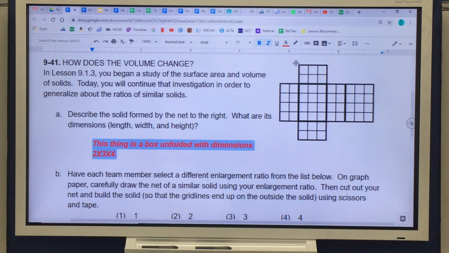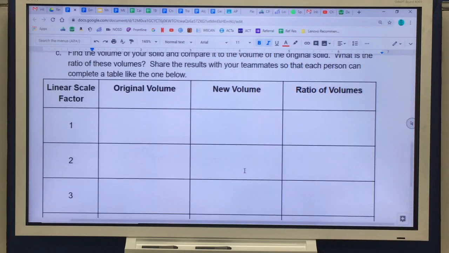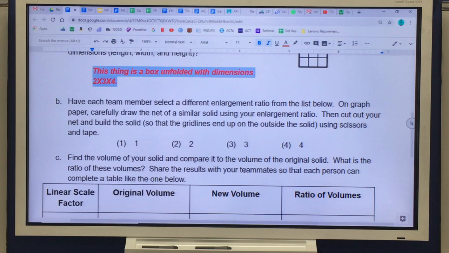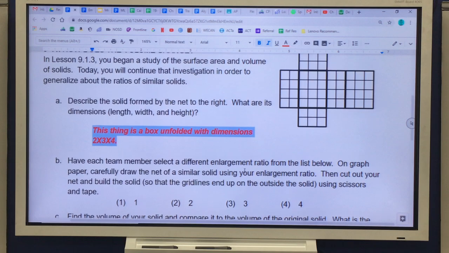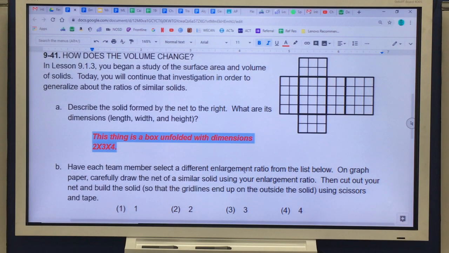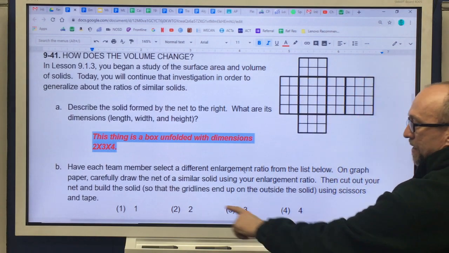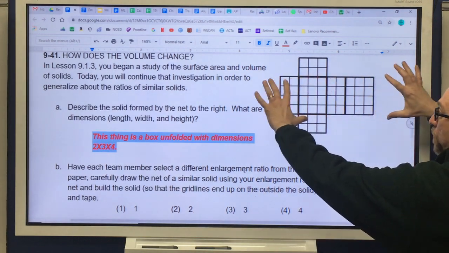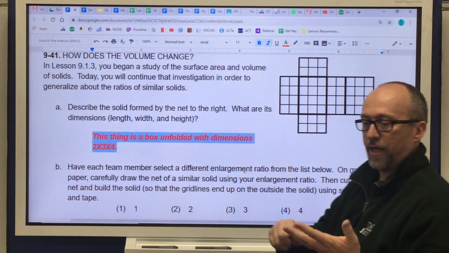All right, now getting to this deal here. What is this deal? Now, if we were in teams, I would have you with a piece of graphing paper, and one of you would take the 1, one the 2, one the 3, and one the 4. You would find the volume of this, and then someone else would double the dimensions. Every dimension would be doubled. When I say dimension, I mean length, width, or height.